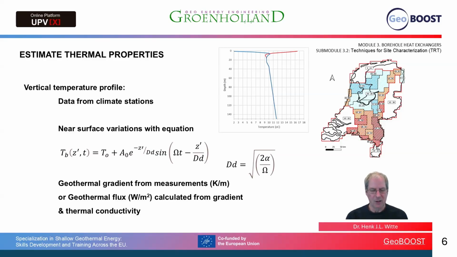So quite a wide range of thermal gradients. If we also know the thermal conductivity over the soil profile, we can consider it's fairly straightforward to calculate the geothermal energy flux in watts per square meter from the geothermal gradient in Kelvin per meter and the thermal conductivity of that particular vertical profile.